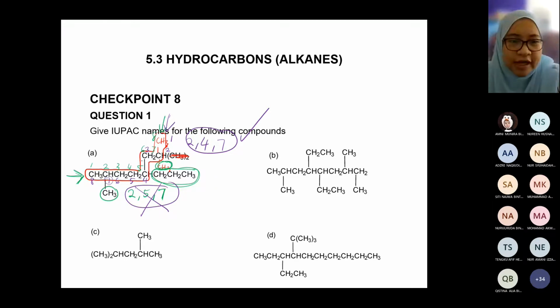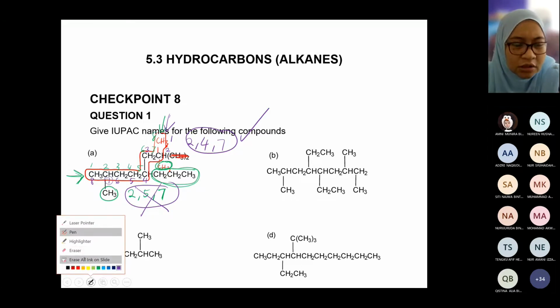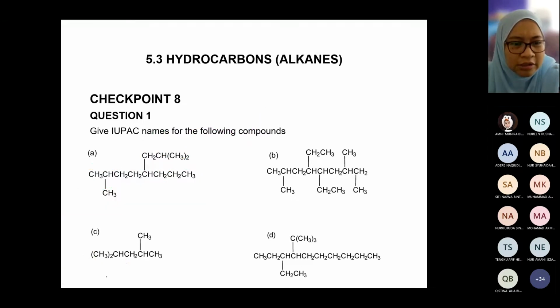Now we are going to name the compound. We have to identify. Let me clear everything first. CH3, CH3. So this one is not used anymore. So 1, 2, 3, 4, 5, 6, 7, 8. This is methyl.